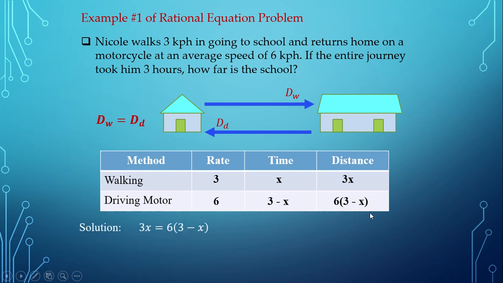So, going back here, the distance walking is 3x, while the distance driving is 6 times 3 minus x.